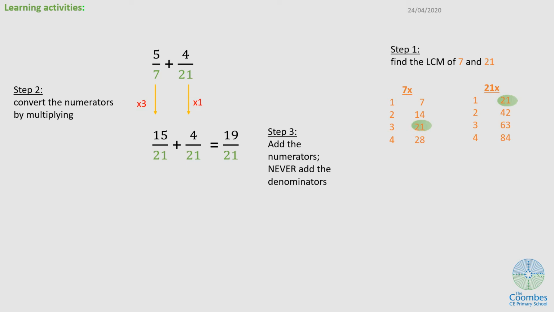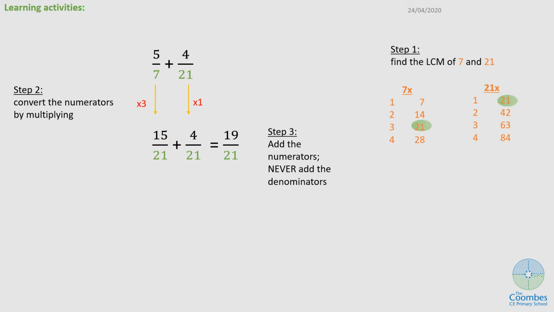So my lowest common multiple is now 21. I'm going to write that 21 as my new denominator for both of them. So 21 and 21.